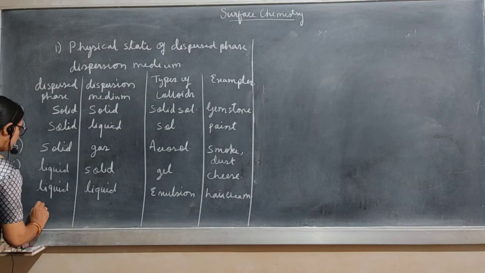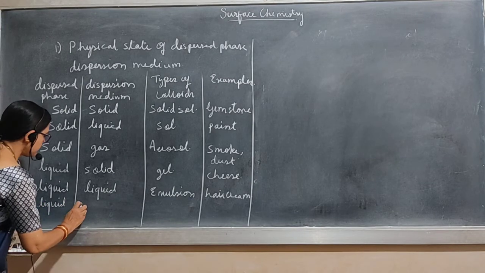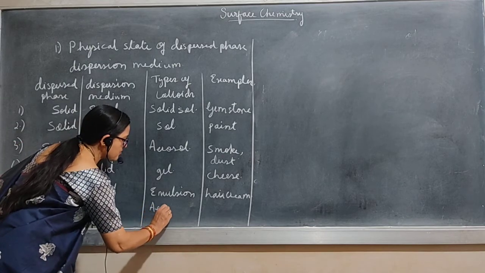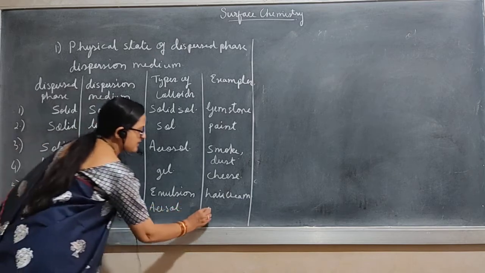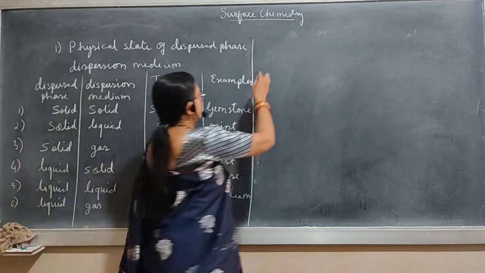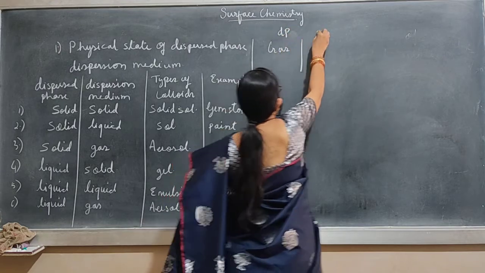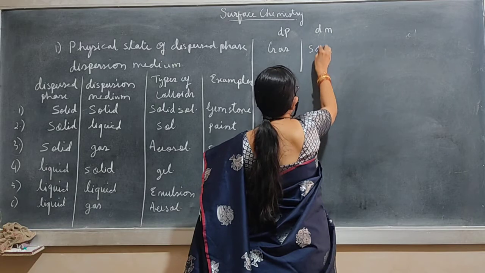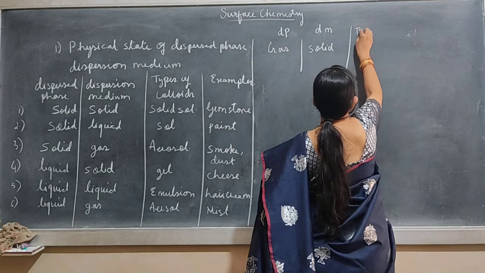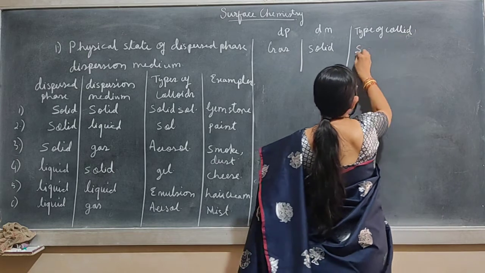If the dispersed phase is liquid and the dispersion medium is a gas, then it is called aerosol. You can find this in mist, fog. If dispersed phase is gas and dispersion medium is solid, it is called solid sol.